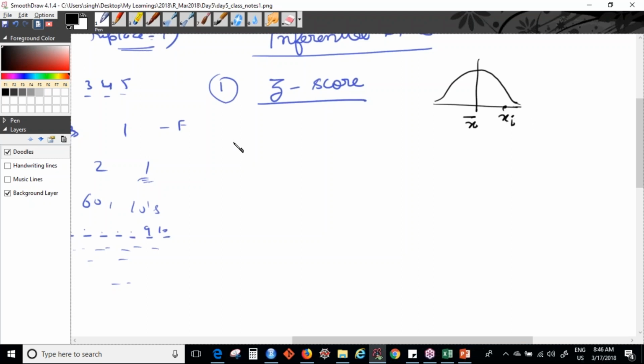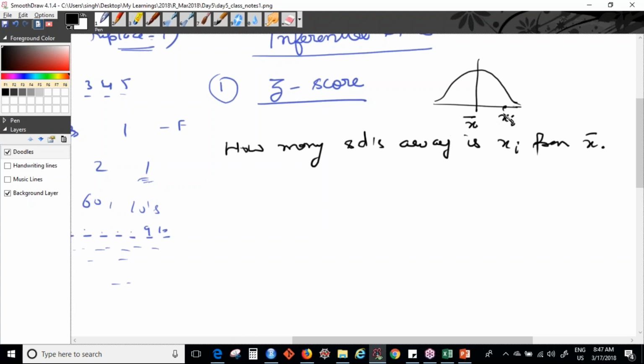Okay, so z-score is how many standard deviations away is xi from your mean. That is your z-score.